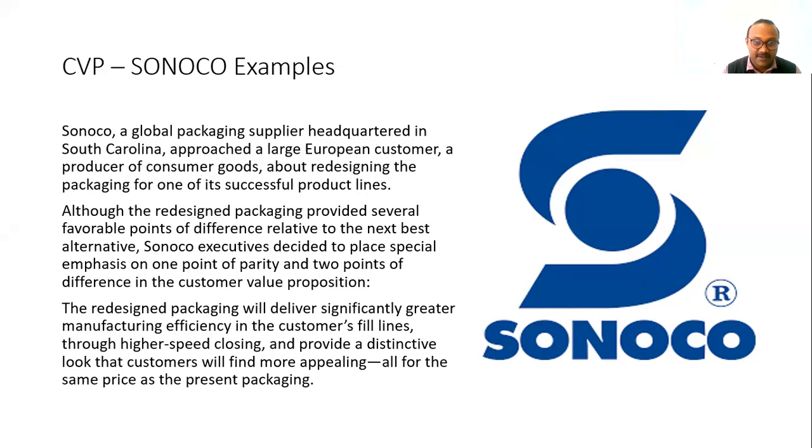So it approached a company and asked whether they could help redesign. The redesigned packaging provided several favorable points of difference relative to the next best alternative, right? So the redesigned package had several features that were a lot more different than what the competitors were offering.